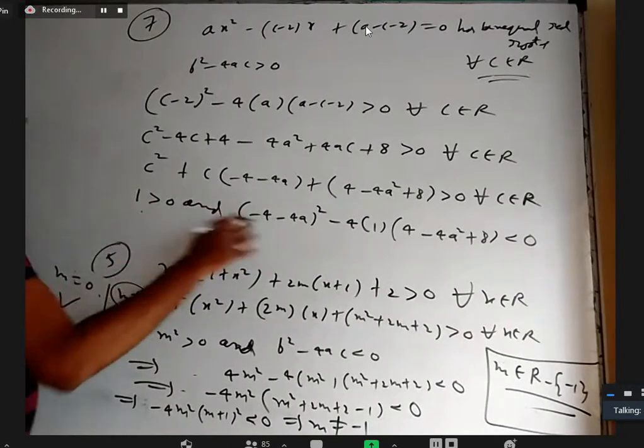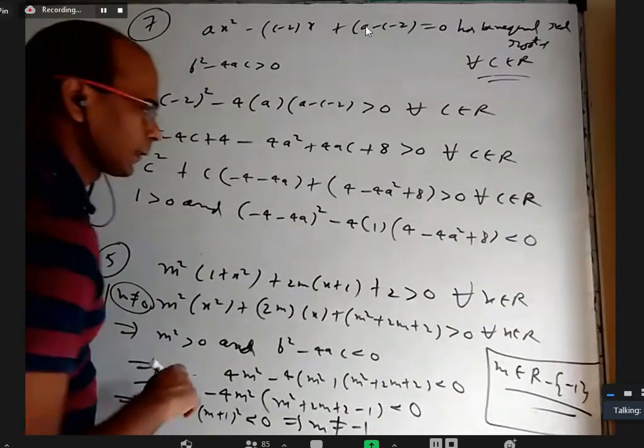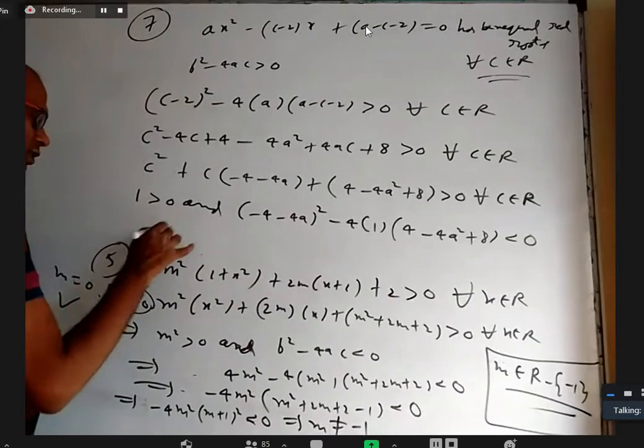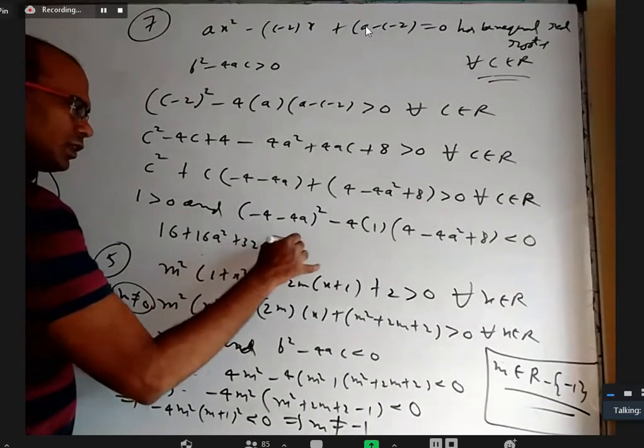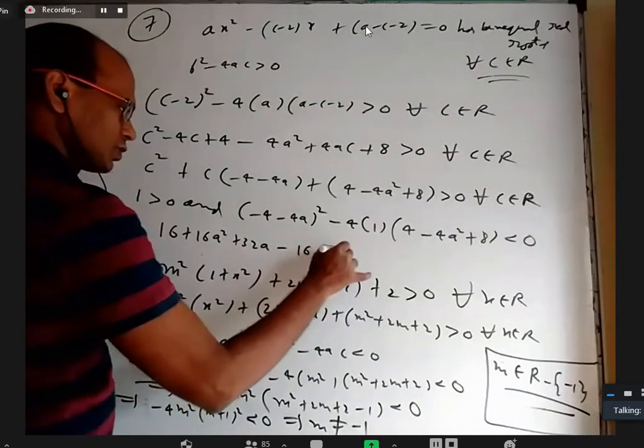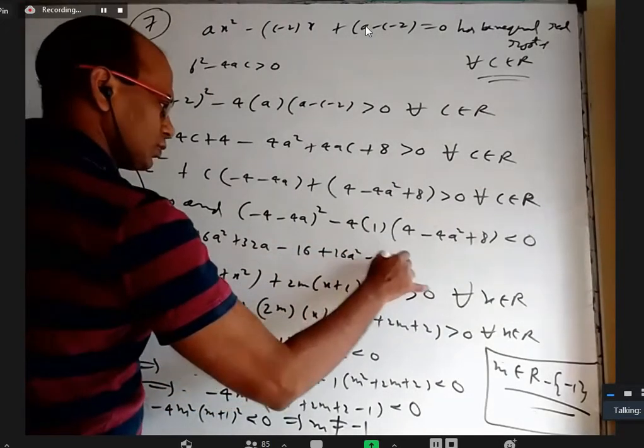Okay, now how to solve this? I just expand. It is 16 plus 16a square plus 32a minus 16 plus 16a minus 32 less than 0.